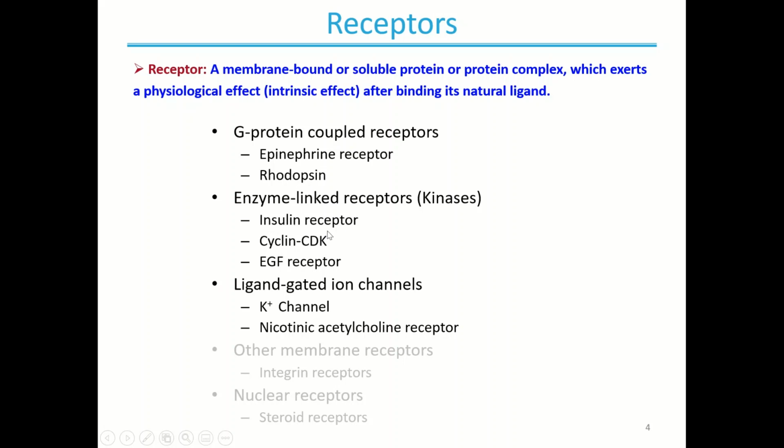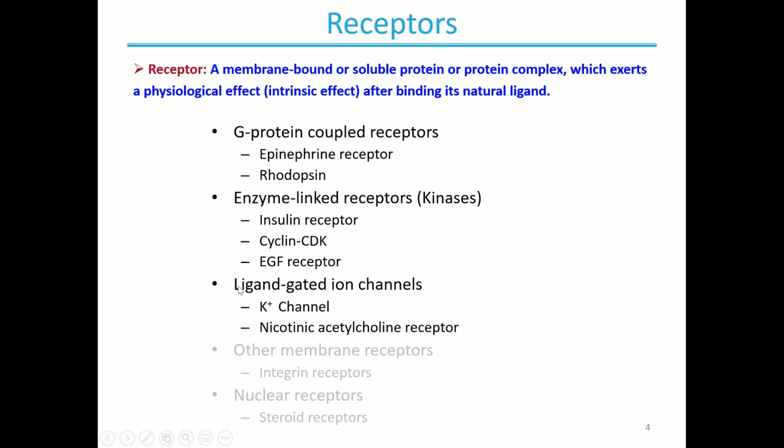Okay, some of the specific examples that we'll see, one is the insulin receptor and epidermal growth factor receptor, and then also something known as cyclin CDK. Cyclin CDK is a little bit different because it's not a membrane-bound receptor, but it's involved in cell cycle regulation.